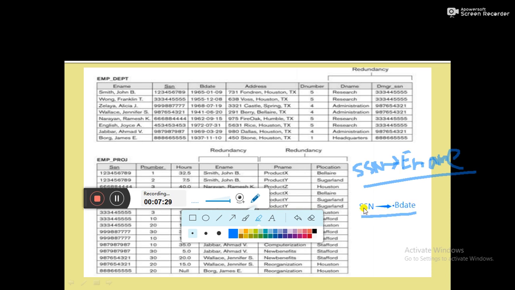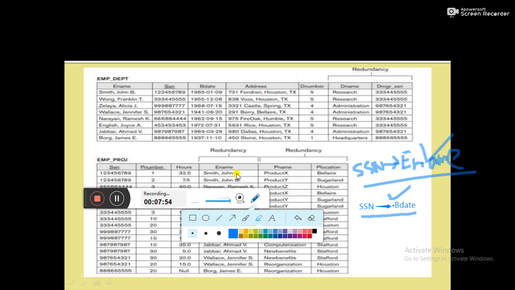SSN corresponds to the social security number of a particular employee, and definitely a particular employee has a single birth date. So for a specific SSN, we should have a single birth date. So for a particular value of SSN, there is a unique value of birth date. So this also holds, and this functional dependency is also true on that relation.